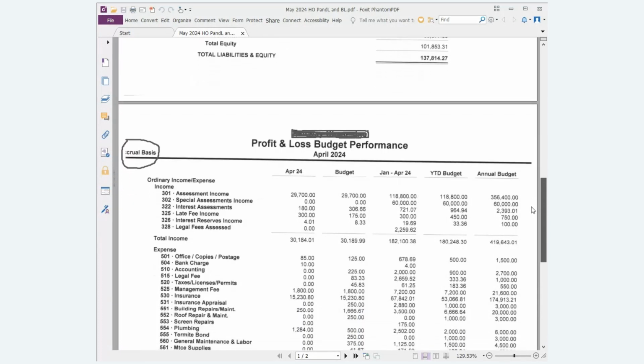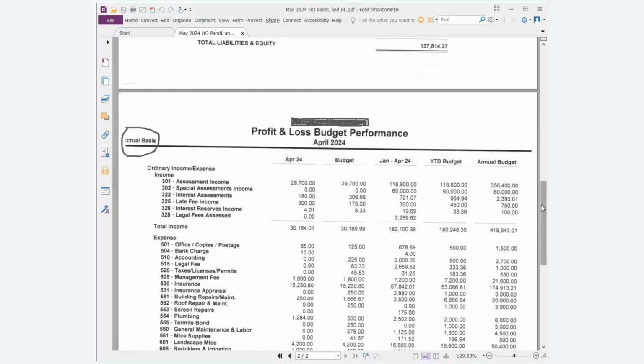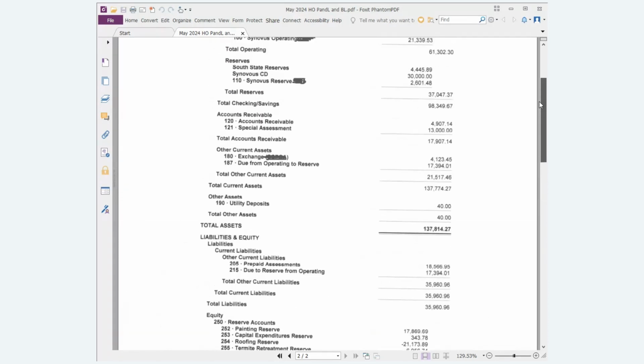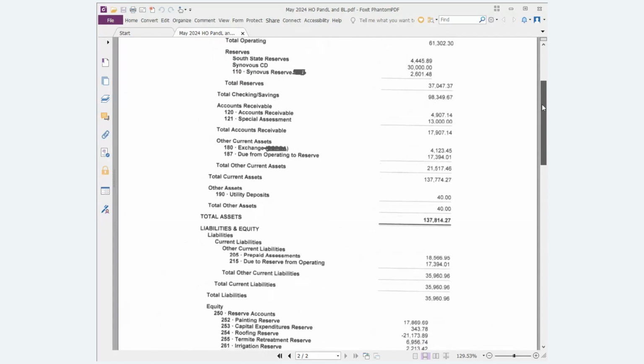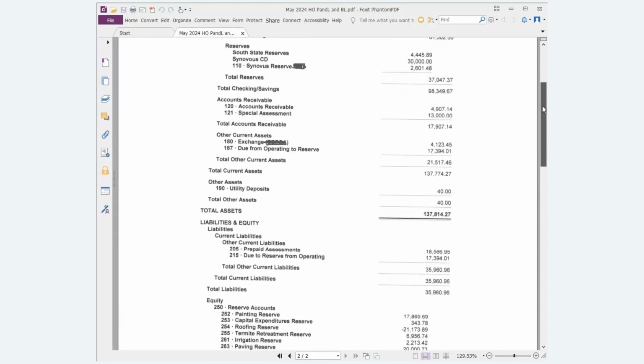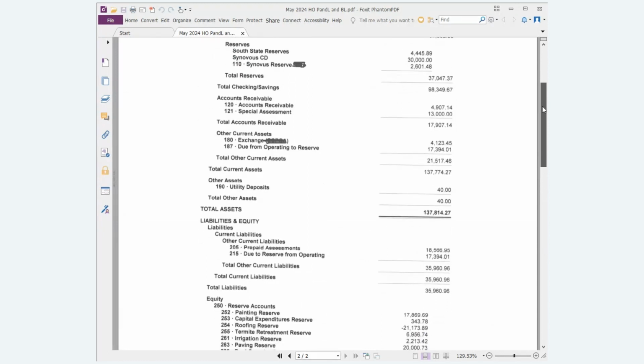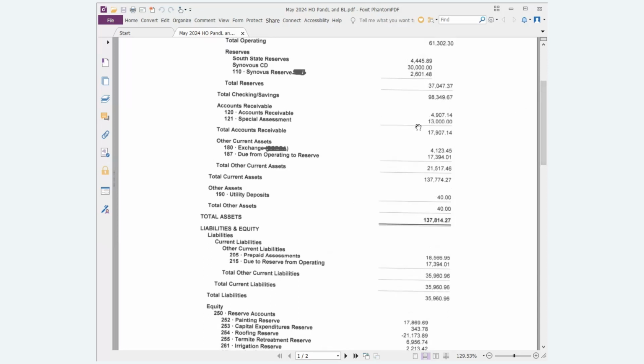Your aged AR, which would be your aged accounts receivable for your customer summary of who's behind and by how long and how much. Your prepaid assessments would give you an idea of who's prepaying, but the bottom line number is what's important, and that's from that report you would get this number. The same on your aged AR, that number would be reflected here.